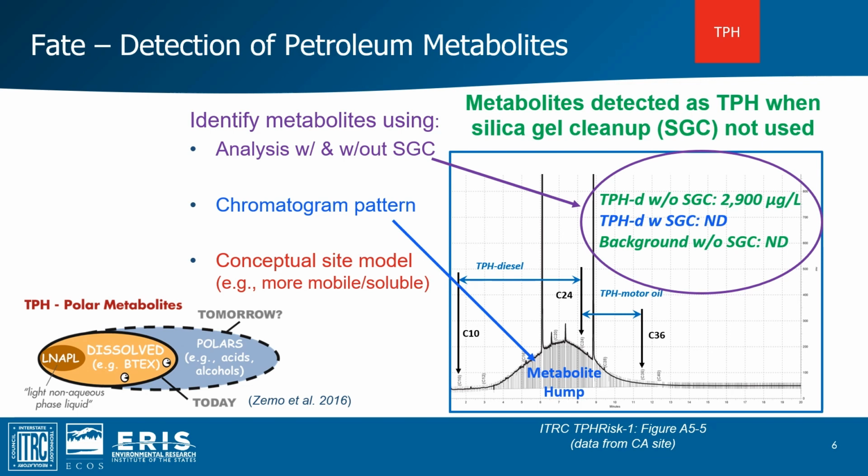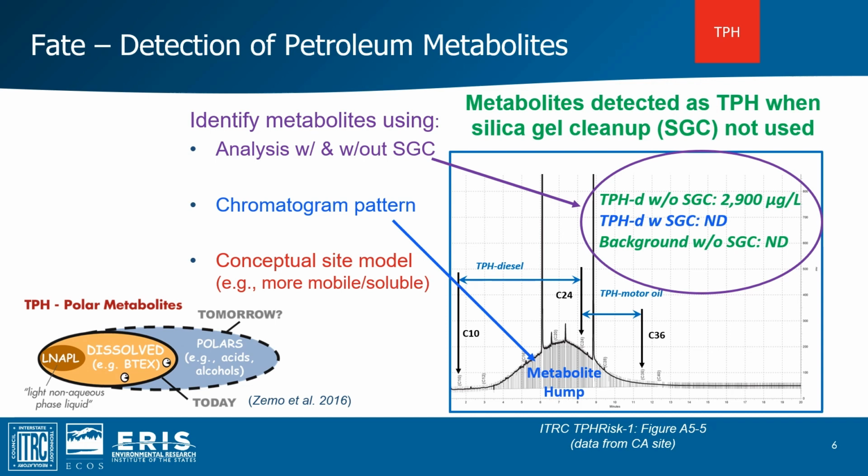The second line of evidence is whether chemical analyses have been performed with and without silica gel cleanup on the sample. If the analysis without silica gel cleanup shows detected concentrations of TPH, while the silica gel cleanup analysis shows no detectable concentrations of TPH, it is likely that the detected TPH is comprised of metabolites.